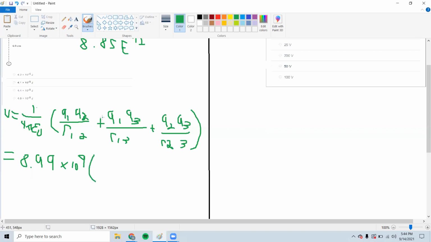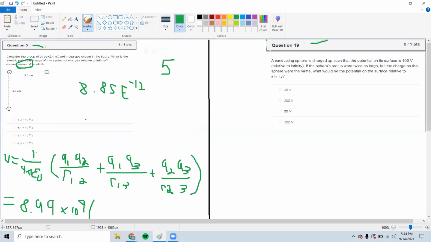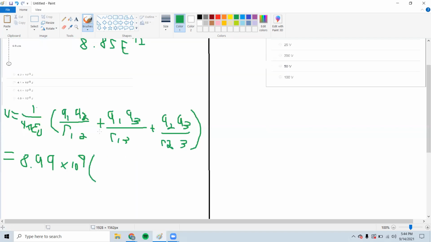For Q1 times Q2, all 3 of the points have a charge of 2.4 nC, so we can simply write 2.4 squared for each of the values here.